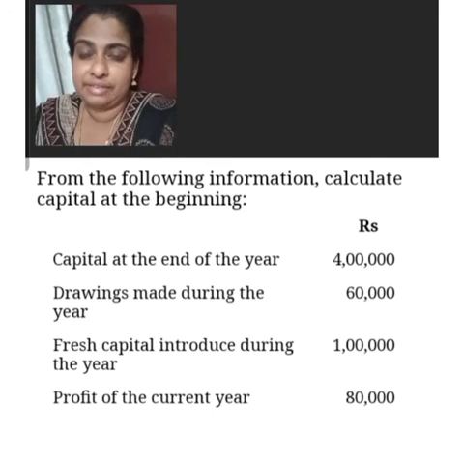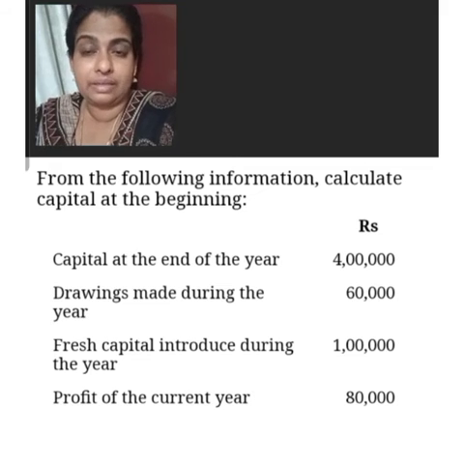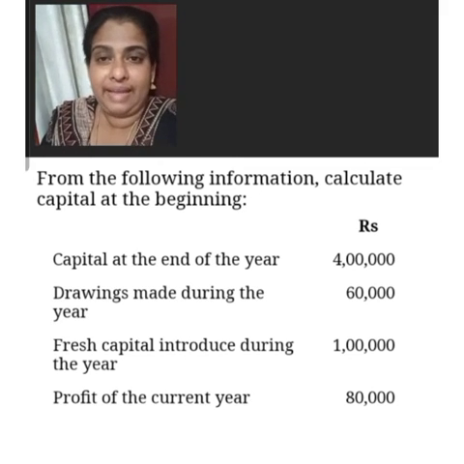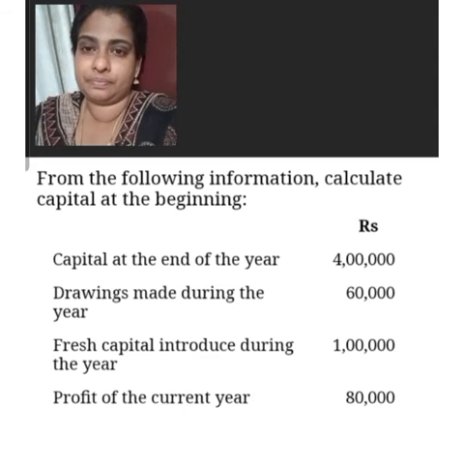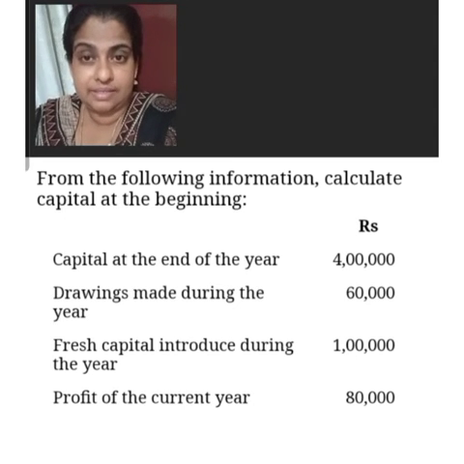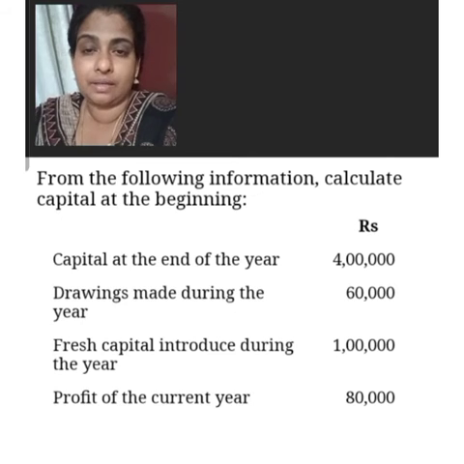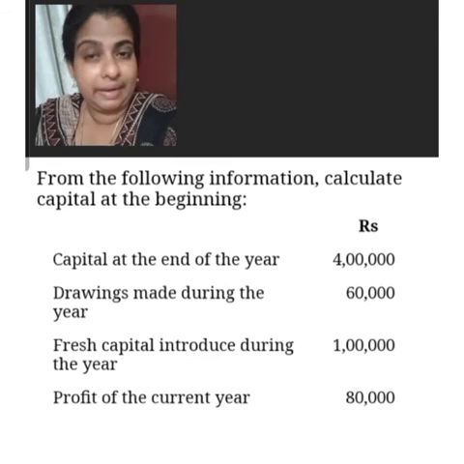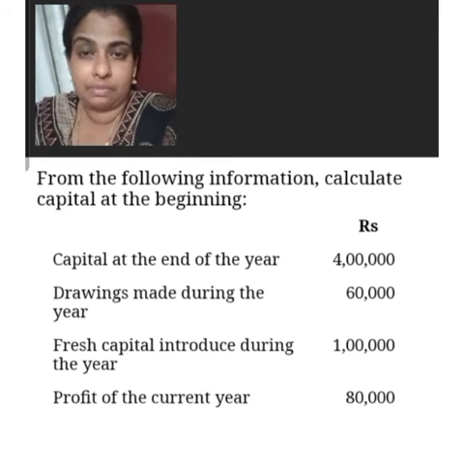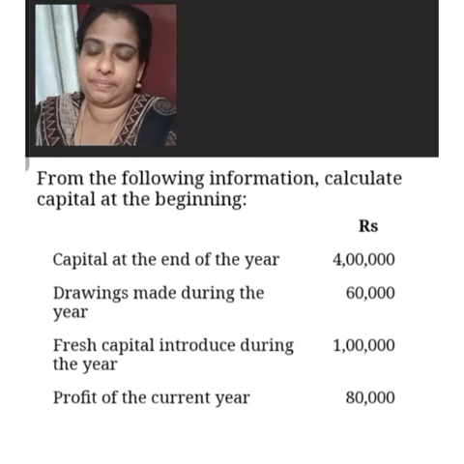With the help of this definition, we can find out the amount of opening capital. Opening capital will be closing capital minus additional capital introduced plus drawings plus interest on drawings minus net profit. You will get the amount of opening capital.